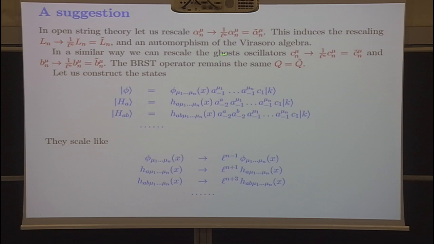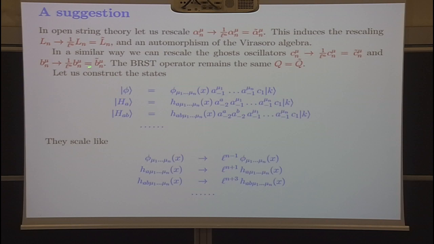another type of rescaling for the creation operator, given by this rescaling by some parameter L, so that all the Virasoro generators are rescaled in this way, and this represents an automorphism of the Virasoro algebra.